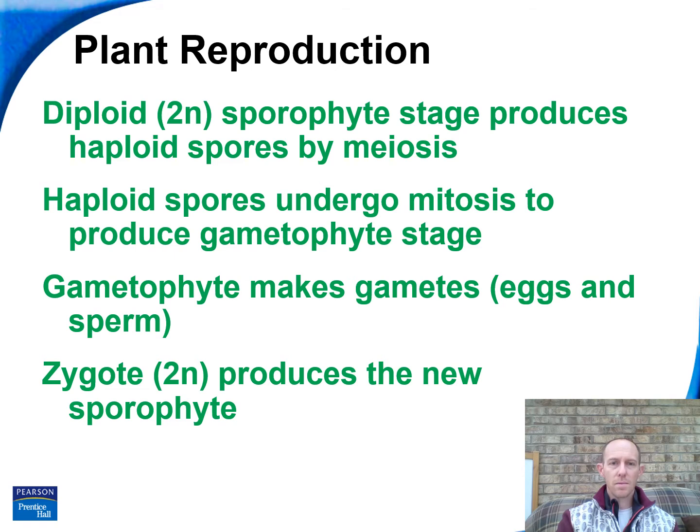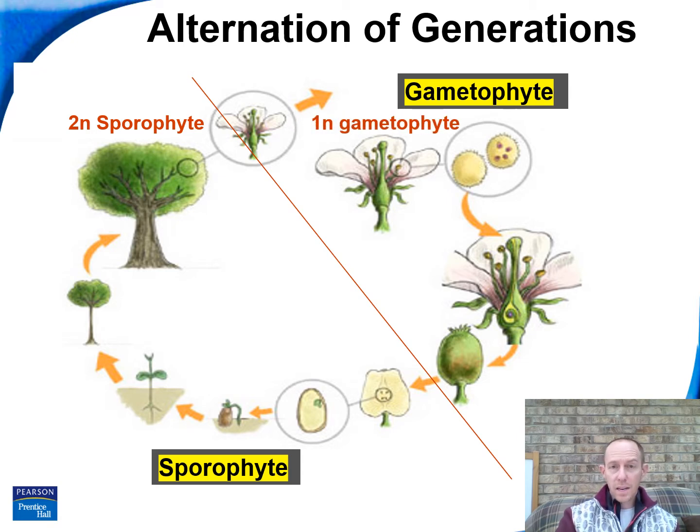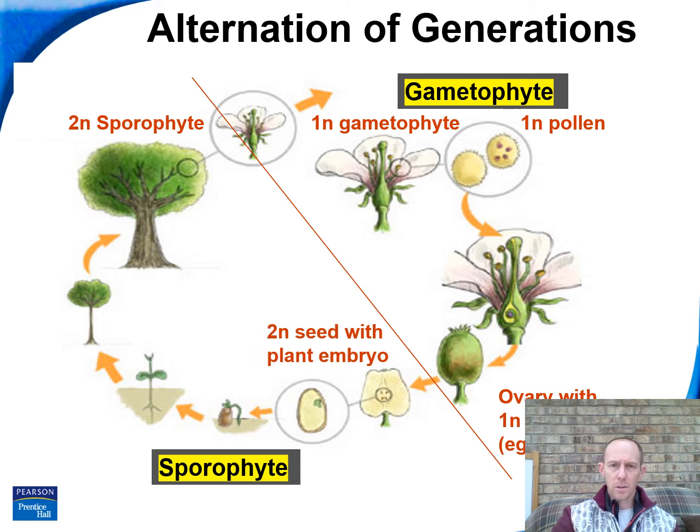Let me help you visualize this. Okay, there it is. There's our alternation of generations. So the dominant stage, there's our tree. That's the diploid sporophyte. And then we've got the reproductive parts. In this case, this is a weird cross-section image of a flower that makes our gametes, pollen and eggs, which then combine to make the plant baby, which is again diploid, because 1 + 1 is 2.